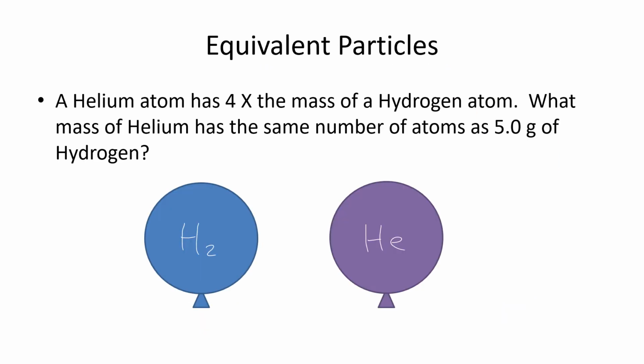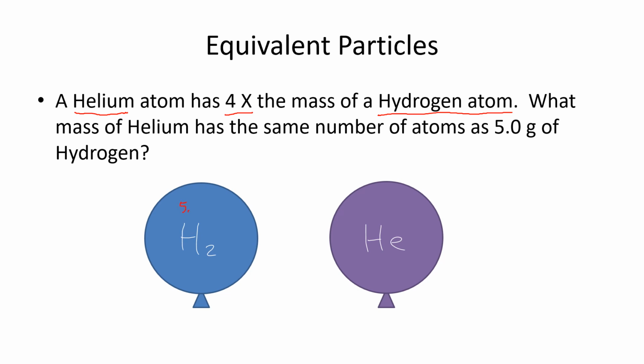So the same logic we use for the pennies and the nickels will work for atoms and molecules and compounds. If you know the relative mass, say I know that helium has 4 times the mass of a hydrogen atom. And I don't need to know how many there are, but knowing that information, I can always work out when I have an equivalent number, right?